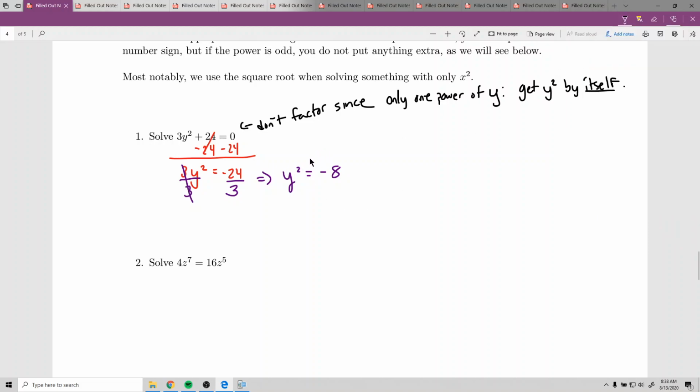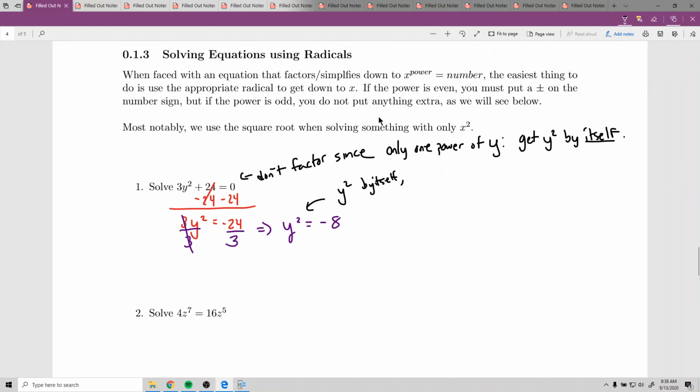Right? Now, once you have the y squared by itself, now is what we outlined before. You scroll up just so you can read it, but we want to do the appropriate radical.